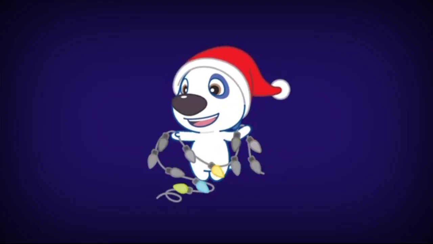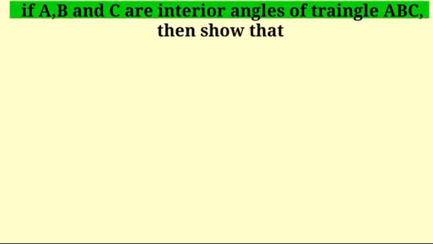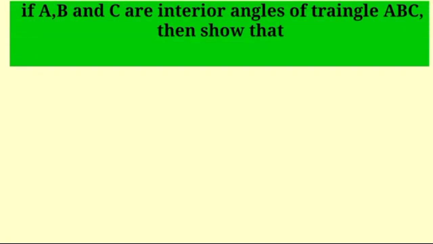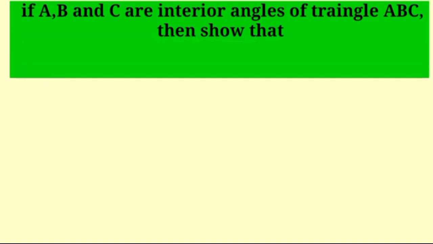Let us take a problem. If A, B and C are interior angles of triangle ABC, then show that sin of (B plus C) by 2 equal to cos A by 2.